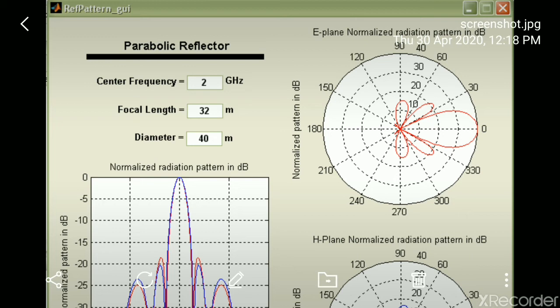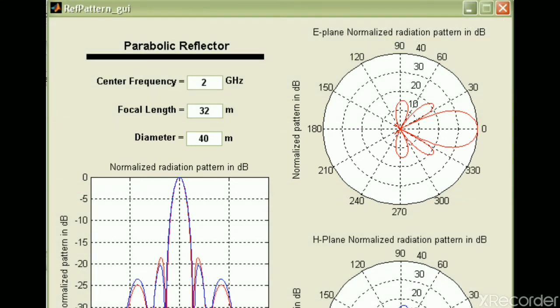So this figure shows the radiation pattern of a parabolic reflector. We can see the pattern is plotted for the center frequency of 2 gigahertz. The focal length is 32 meter.